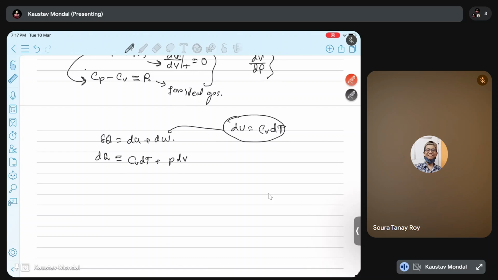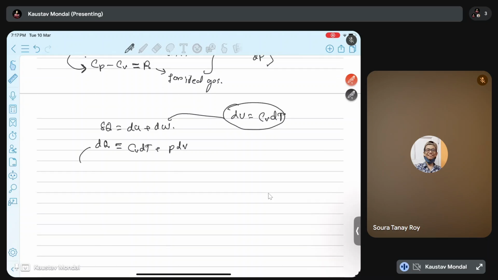Now for different processes, this dQ will take a different expression. Let's take the isochoric process first. In the isochoric process the work part will be zero, so delta Q depends only on the change in temperature: CV times T final minus T initial.